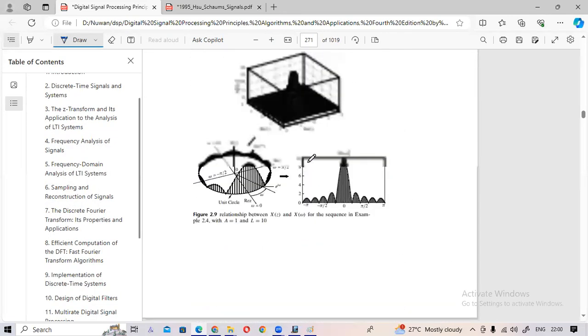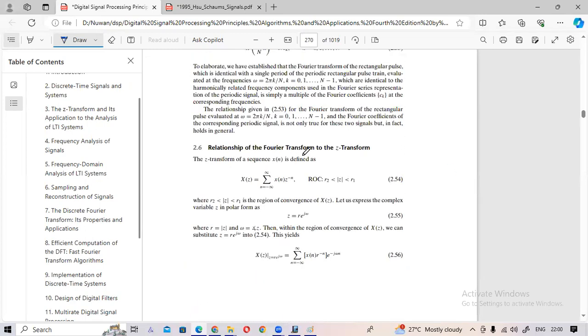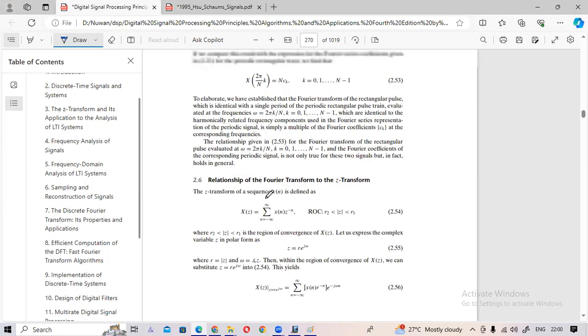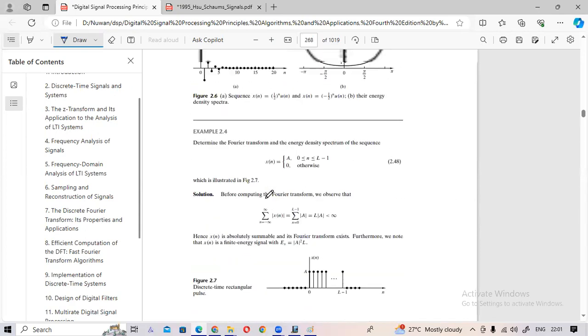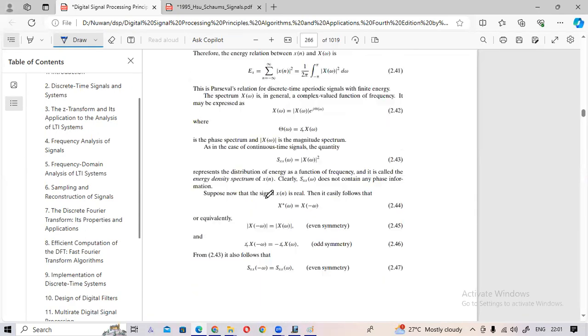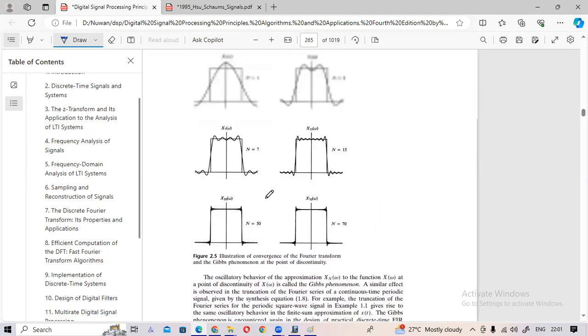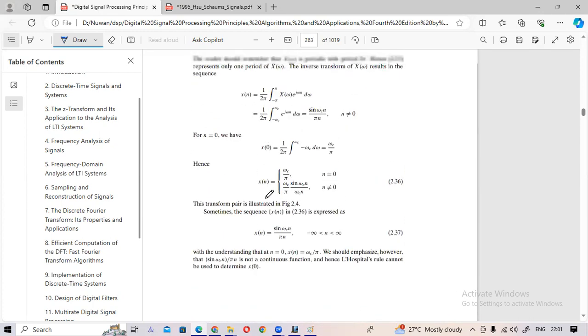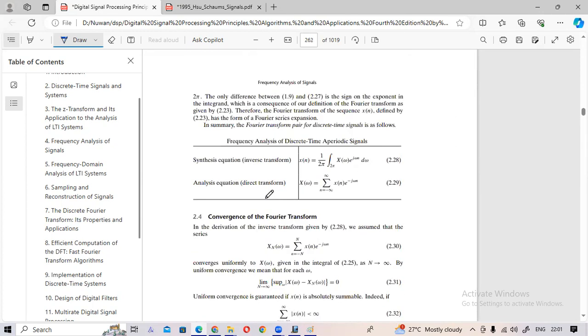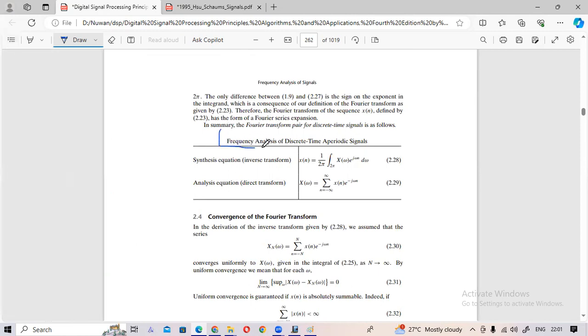You will see this equation here. This is Fourier analysis for a discrete time aperiodic signal, that means a non-periodic signal.